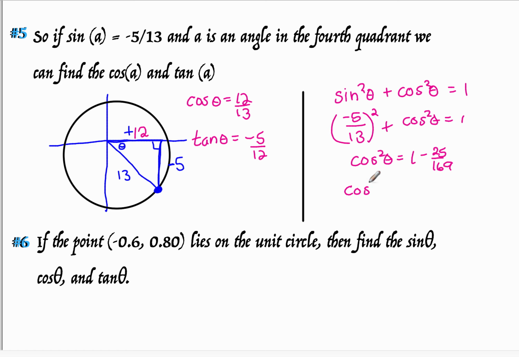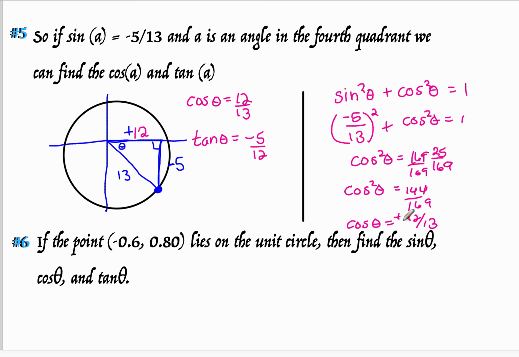And cosine squared theta equals, make that into 169 over 169, and we get 144 over 169. So that means the cosine of theta is 12 over 13.